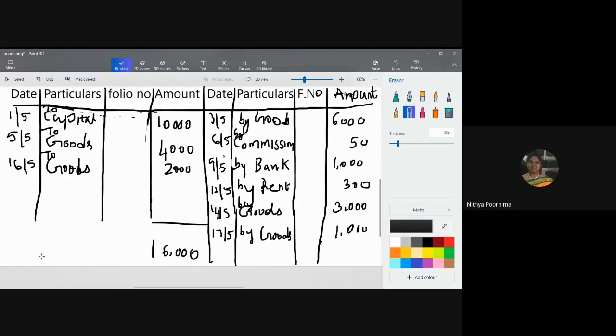I'm using this as a rough column. But our transaction always has to be balanced, right? So what is 16,000 minus 11,350? What's the difference?